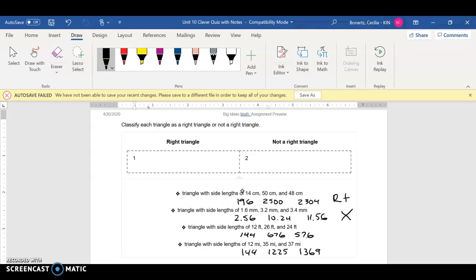So that's going to be much more than 12. 144 plus 576, I'm looking at the 4 and the 6, and that can't equal 6. So I know that's not going to be a right triangle. And then I think this one's going to work. This is 1369, so this one is a right triangle. So I have two that are right triangles and two that are not.